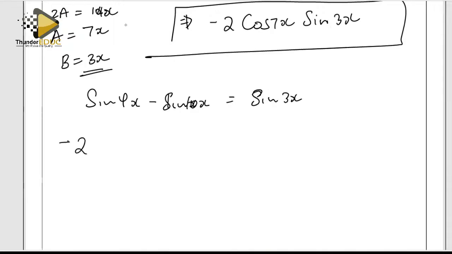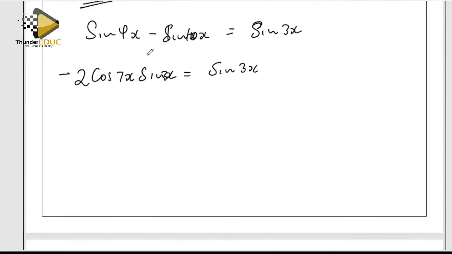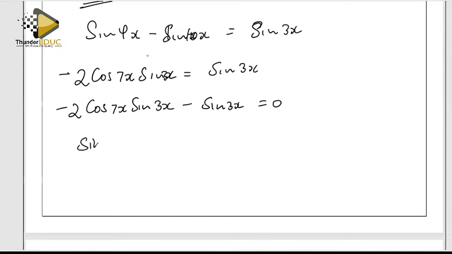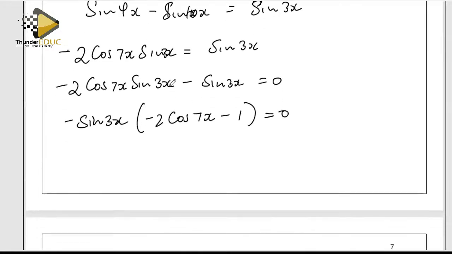So meaning that negative 2 cos 7x sine 3x is equivalent to the sine of 3x. Let's transpose and move it that side. Meaning that negative 2 cos 7x sine 3x minus the sine of 3x is equal to 0. Okay, take out the sine 3x. Let's take out the negative. We're going to be left with negative 2 cos of 7x minus 1 is equal to 0.